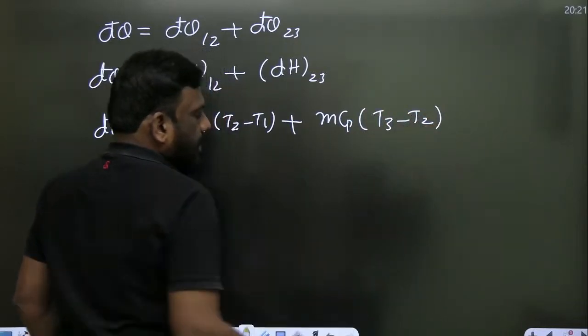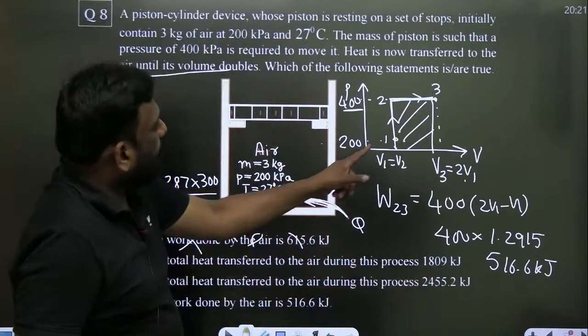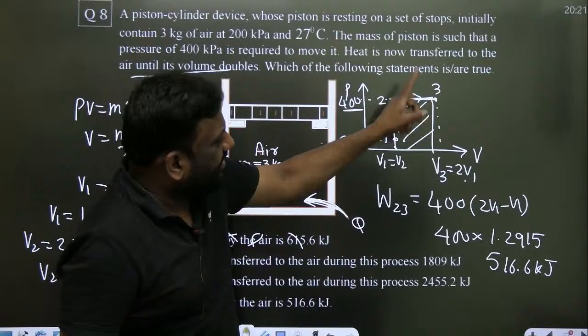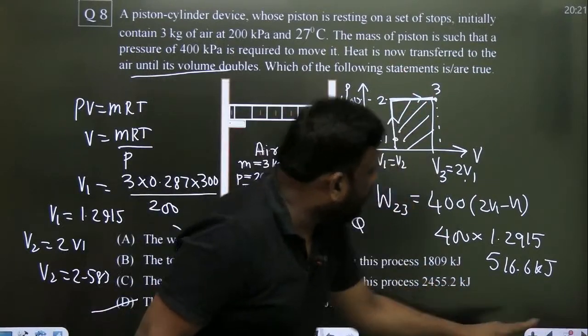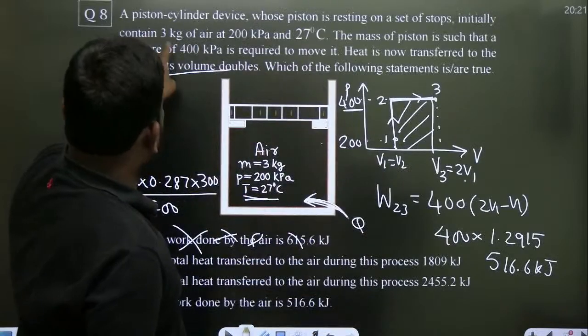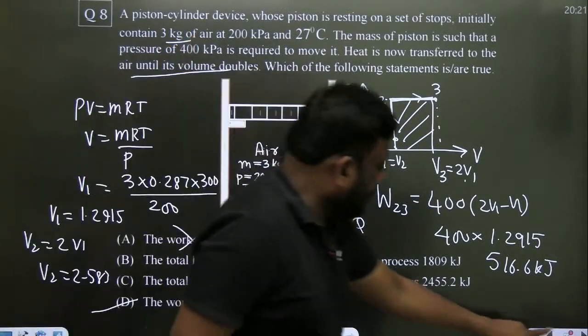For 1 to 2 final is 2, initial is 1, T2 minus T1. For 2 to 3 final is 3, initial is 2. Is the mass given, sir? 3 kg is given. No problem.